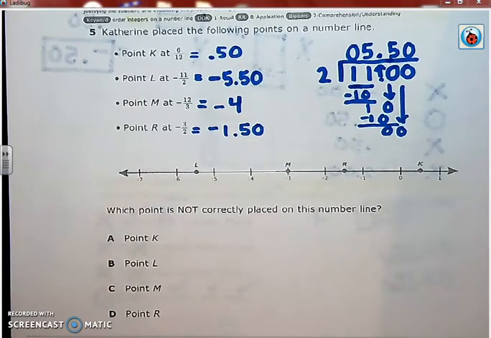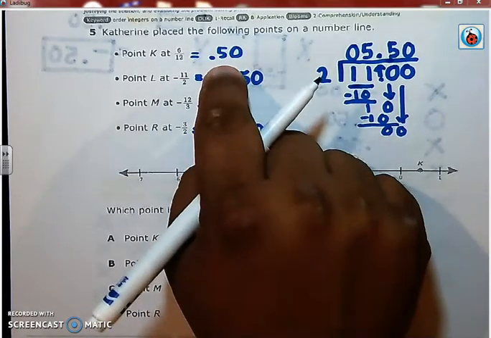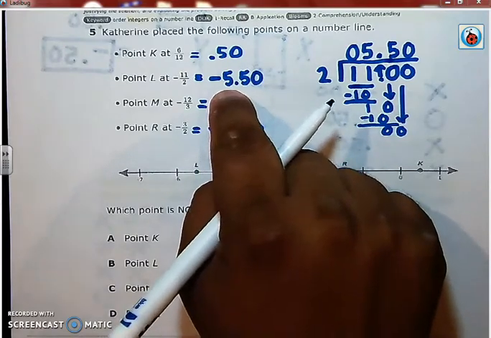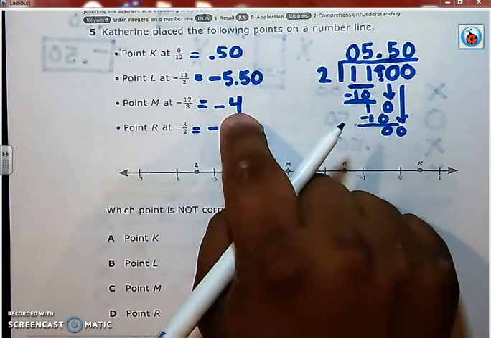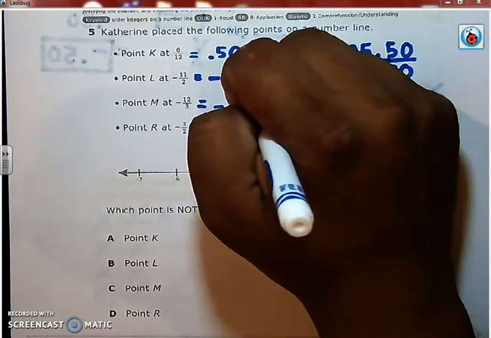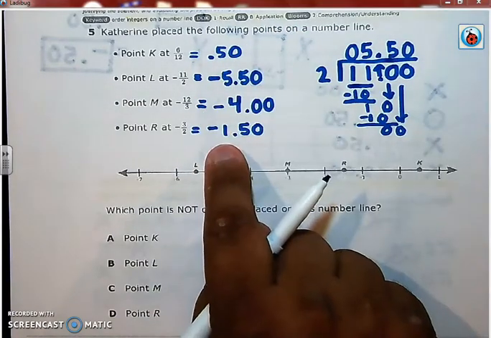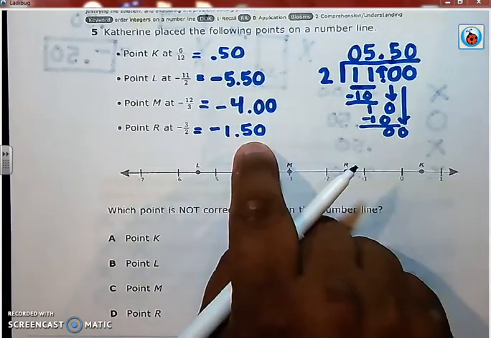So now let's look at what the question says. Catherine placed the following points on a number line. So she put 50 cents on the number line, negative $5.50 on the number line, negative $4 on the number line, and negative $1.50 on the number line.